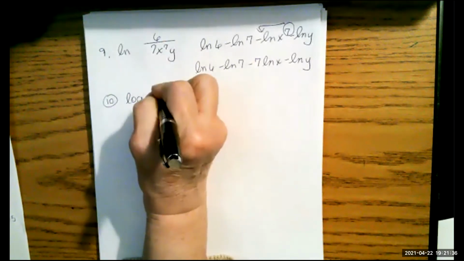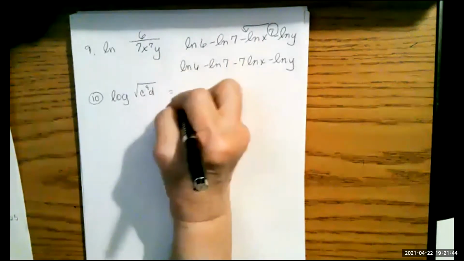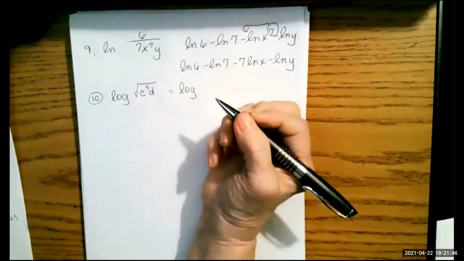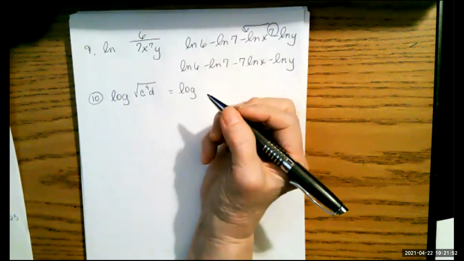Okay, number 10, log. We have a square root of a c to the 9th and a d here. So let's do this one. Let's change that to the exponent over index business.